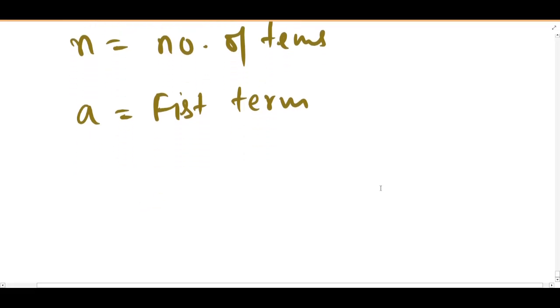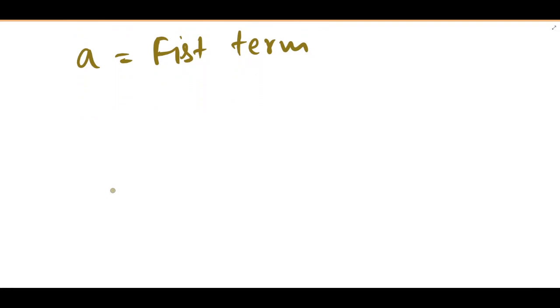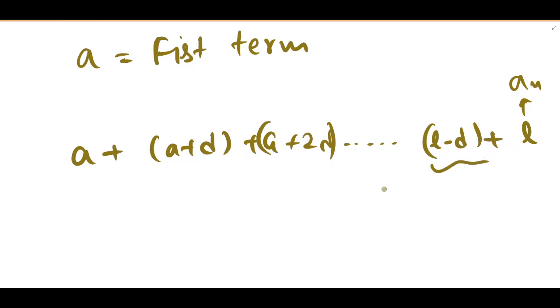So how did we arrive at this rule of sum? If we take a, a plus d, a plus 2d, and so on, and the last term is equal to an, which is l. The second last term would be l minus d, because the common difference is d. If we subtract d from l, we get the second last term.